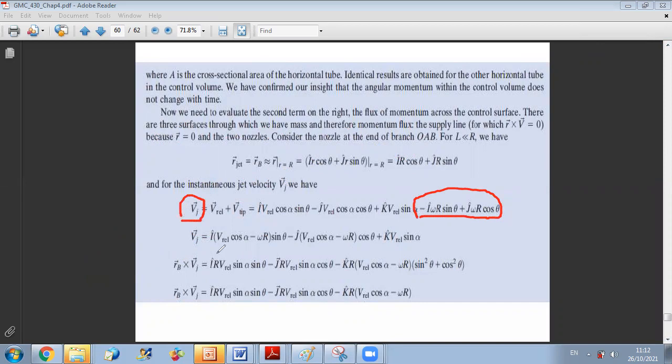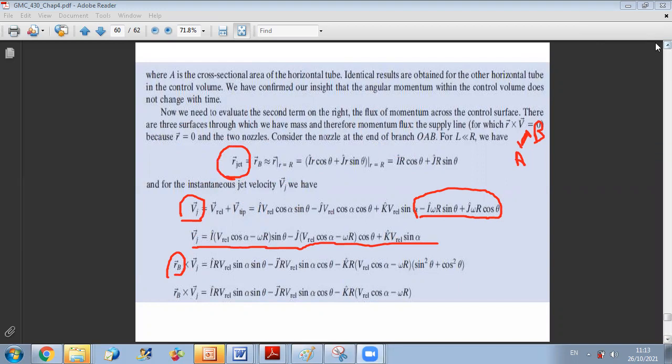Once I find the total velocity expression, I should compute R vectorial V at the outlet. The outlet is at point B, so I should do RB vectorial VG. But since they didn't give me the length of the small part, I will consider B and A as one point. So RB is equivalent to R of A. So R of the jet at the exit is equal to R at A.